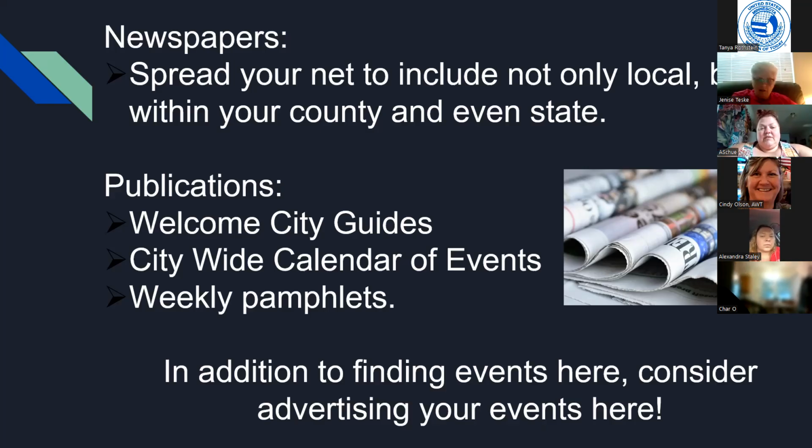So those are things that you can look at as well. Some cities put out a city-wide calendar of events, and some places put out weekly pamphlets. So in Rosa, we have something called the News and Views. It's just a weekly pamphlet that goes out that has random advertisements, a crossword puzzle and such. And you can see a lot of what's going on.